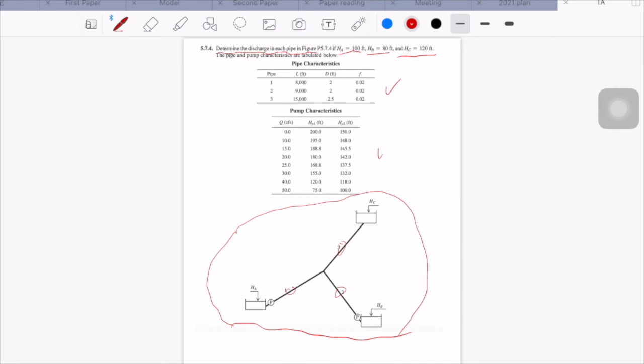Let's look at pipe 1 and pipe 3 first. For pipe 1 and pipe 3, we know that HP1 equals HSCA plus the friction loss in pipe 1, HF1, and HF3, the friction loss in pipe 3.